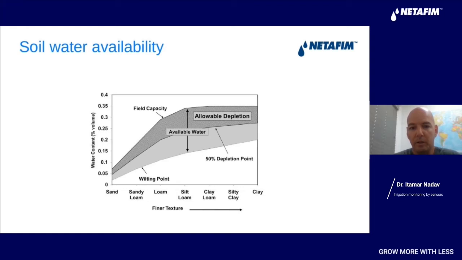And this is the readily available water that we have for the plants. So we are not talking about all the total available water between field capacity and wilting point. We are talking about only the available water between field capacity and the allowable depletion.